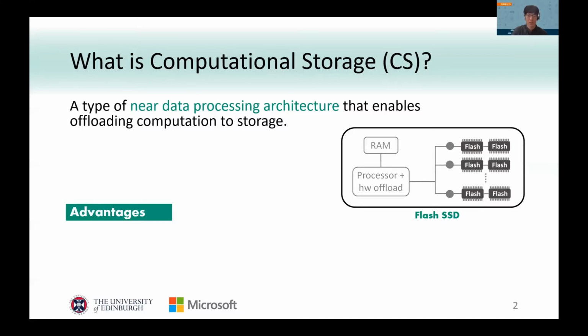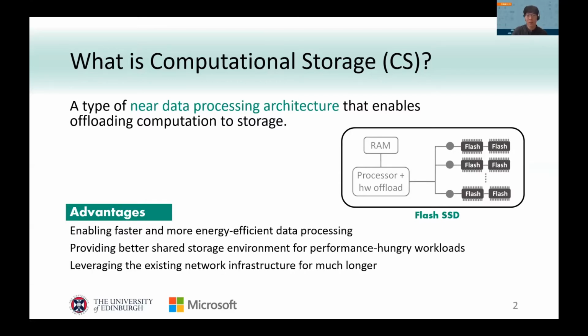Computational storage architectures have numerous advantages. The primary benefit of the CS architecture is that it enables faster and more energy-efficient data processing, mainly because it could offload work usually processed by the host CPUs to storage devices. Without the CS architecture, for example, in a data analytics context, the host first needs to transfer all data from storage devices, and then it can perform its first task, like applying predicates over the data.